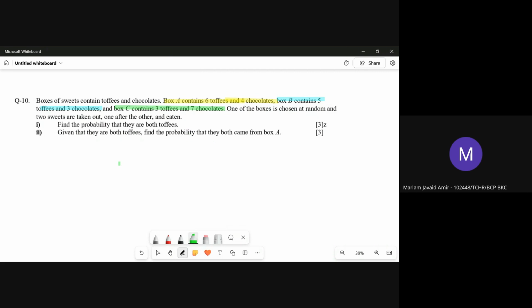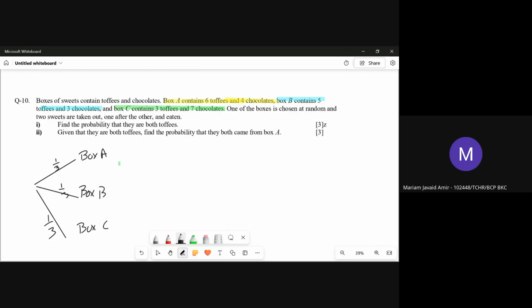So the probability of selecting each box is 1/3. Box A, box B, and box C will all have a probability of 1/3 of being chosen randomly.